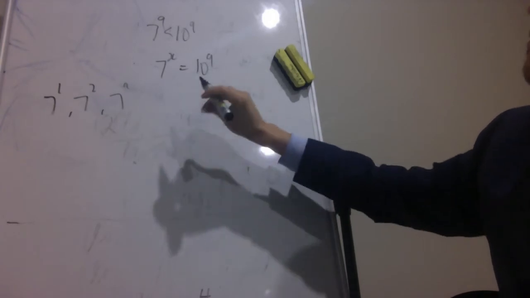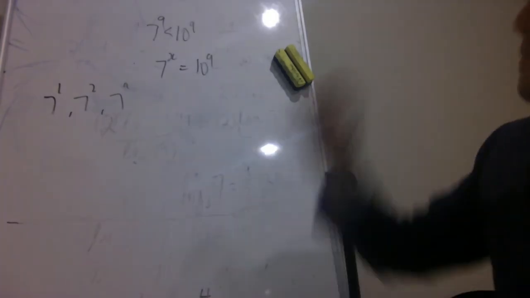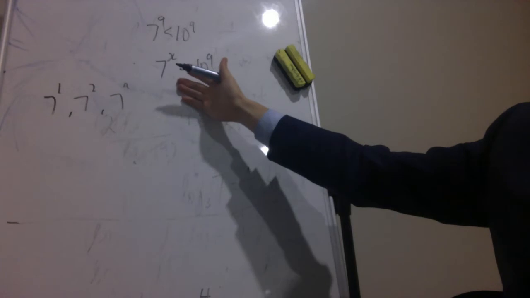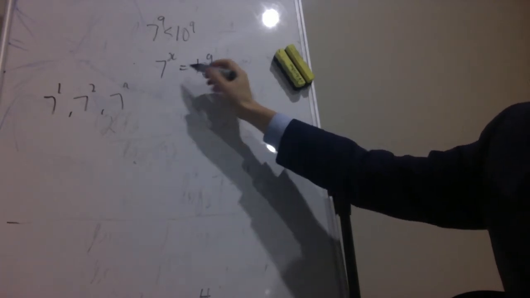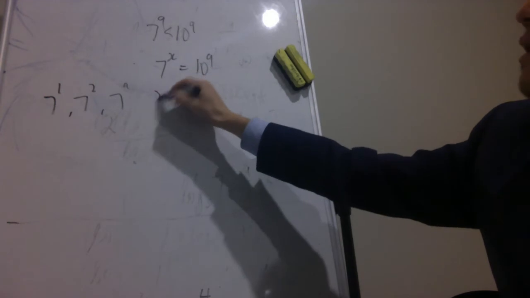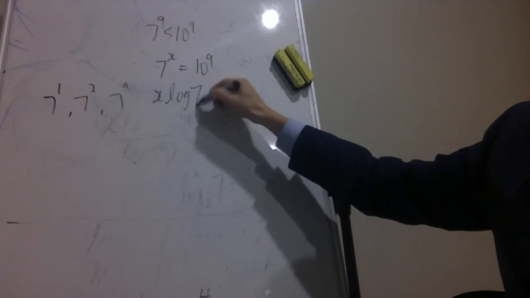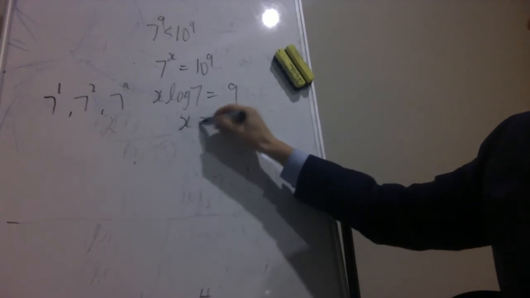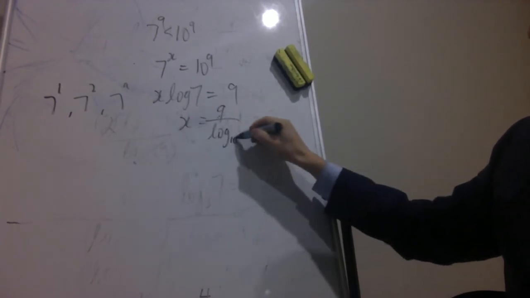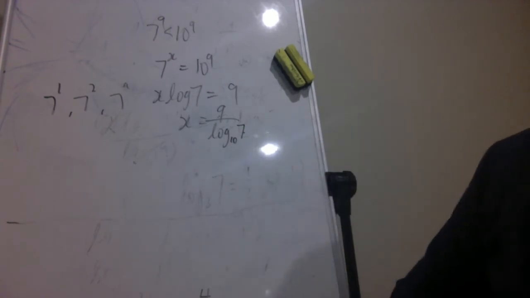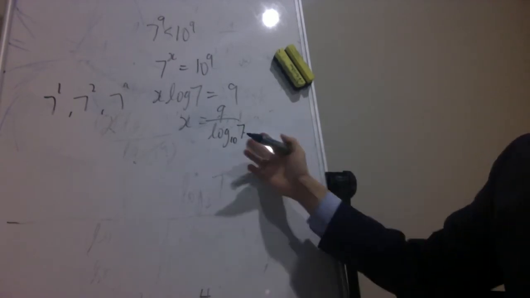Do you do log base 10? Yeah. So you can just try to solve for x, right? Yeah. So if you do log base 10, you can get x log 7 equals 9, right? So x is equal to 9 over log base 10, 7. So it all depends on these numbers.